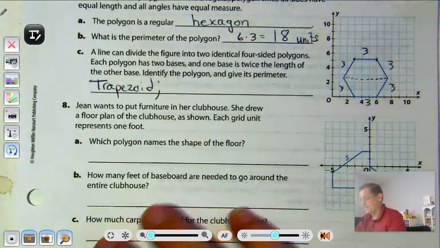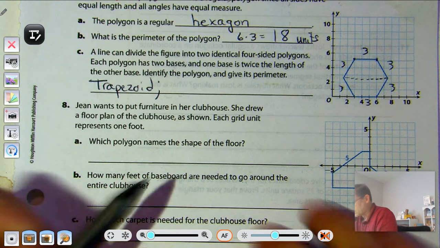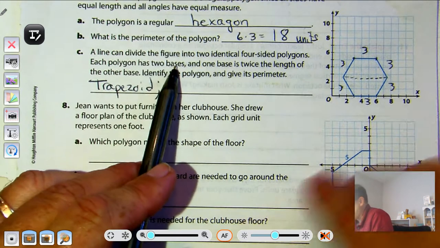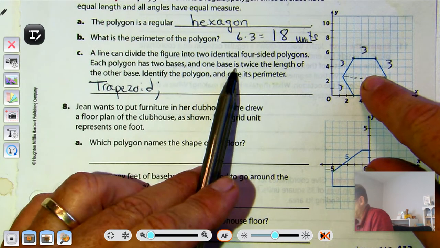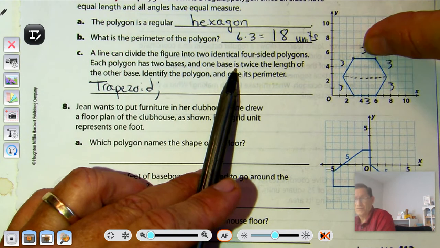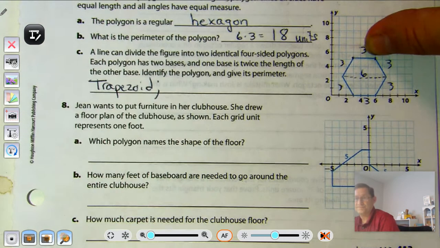And we have to give the perimeter of the trapezoid. So what does it tell us? Each polygon has 2 bases, and one base is twice the length of the other. Well, we know that this was 3, right? So that has to be 6.